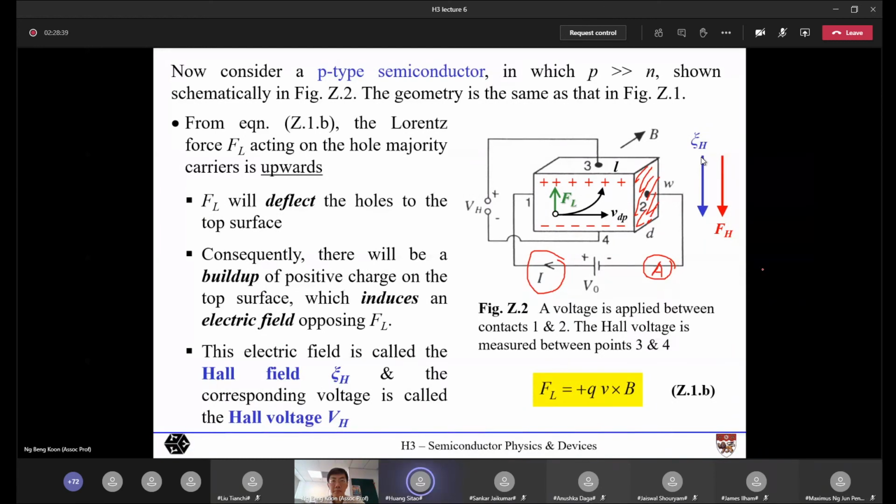In these experiments, is there any diffusion current inside? No, there won't be. Then when will this happen?